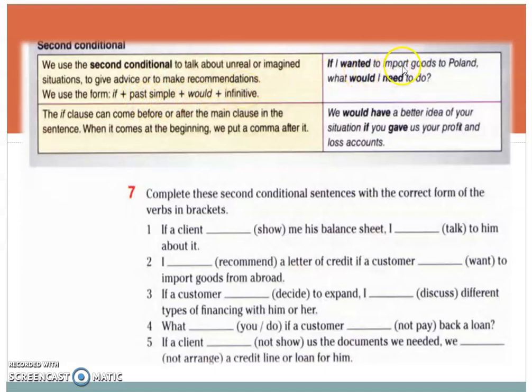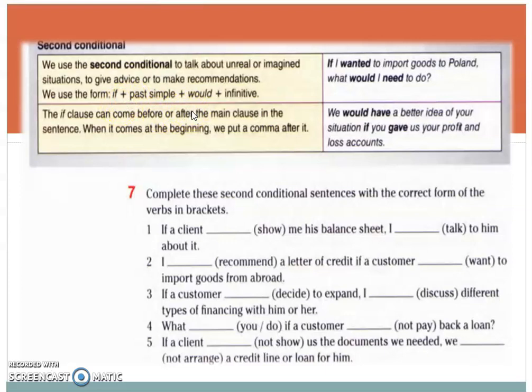And here, to import goods to Poland. That would, here is would, I need to do. Yes. So this is the infinitive or the base form of the verb. Now, this is how we are going to use and form the second conditional.